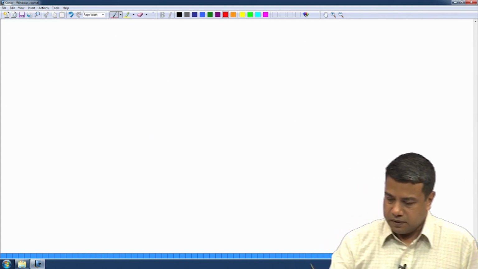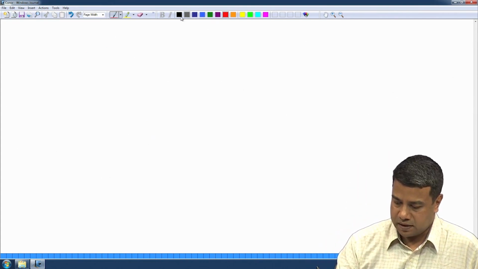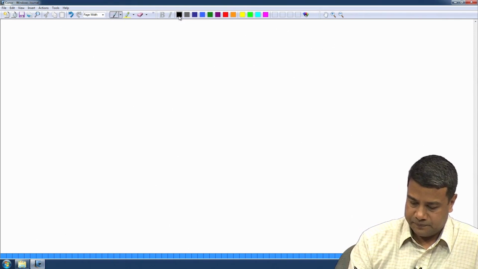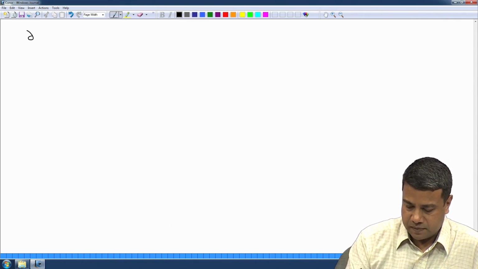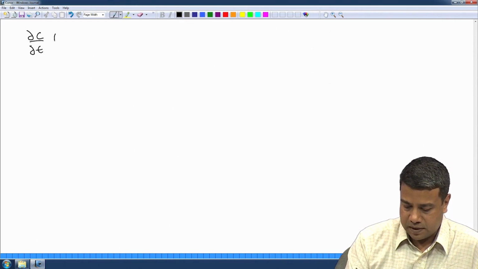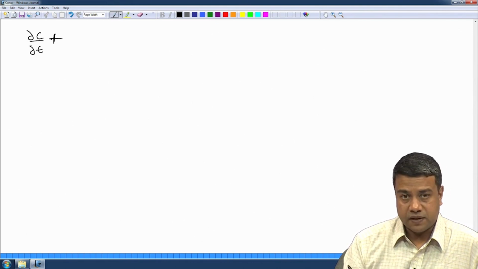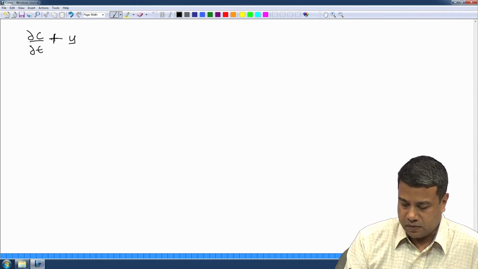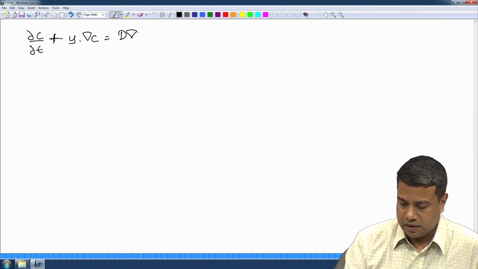So, now if you look at these equations and try to scale them, I have an equation of the form dc by dt plus, if it is incompressible, u dot grad c is equal to D del square c.